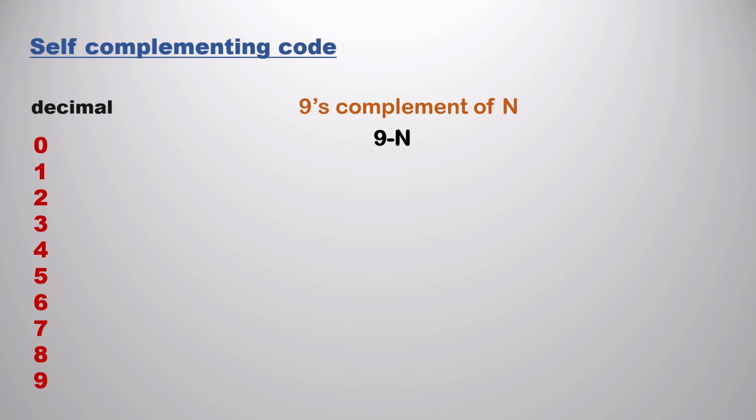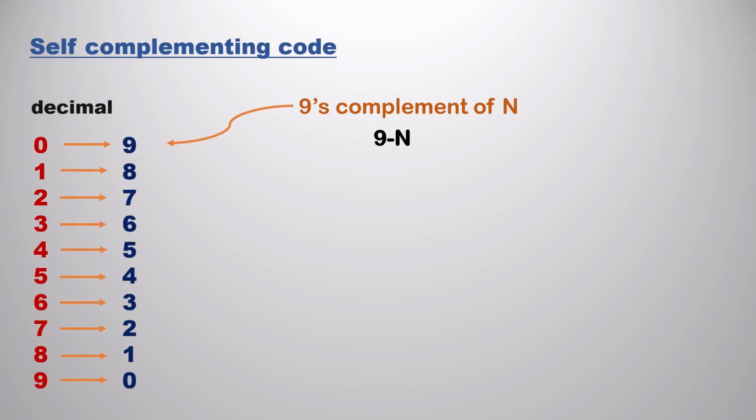The formula is nothing but 9 minus n. So in the place of 0, you just subtract 9 minus that variable, that is n. 9 minus 0 is 9. 9 minus 1 is 8. The last one, 9 minus 9 is 0. I have highlighted it in blue as well, that is the 9's complement of n for the decimal from 0 to 9.